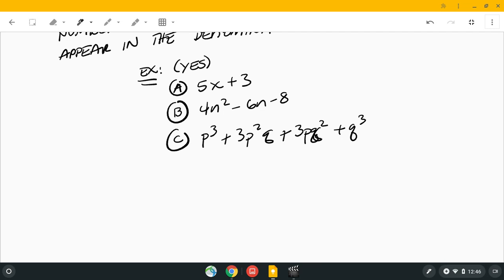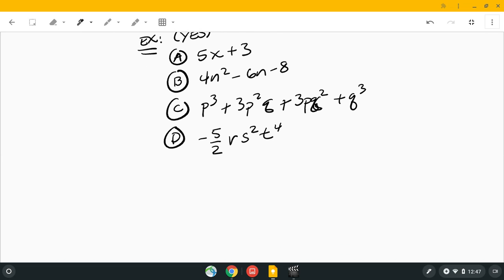That's a polynomial. All the exponents are positive whole numbers. Even this, you can have fraction coefficients, you just can't have fraction exponents. Are s squared t to the fourth. All of these are examples of polynomials.